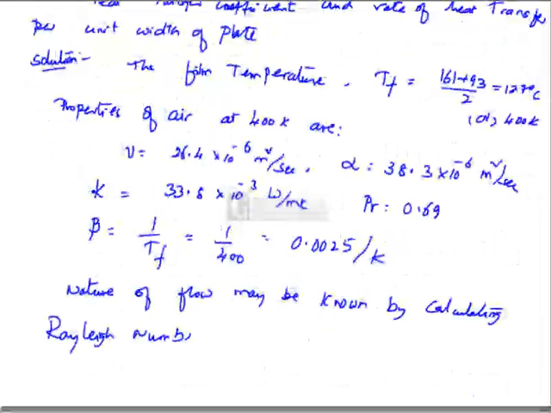Product of Grashof number and Prandtl number. Here the Rayleigh number Ra_L is given as Gr_L Pr, that is g beta L cube delta T by nu into alpha.